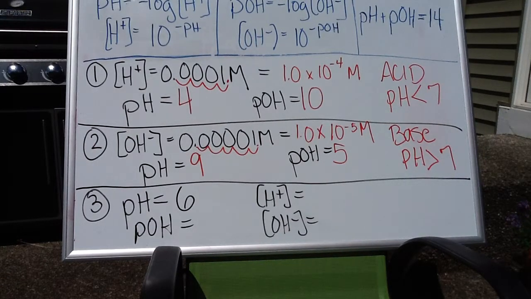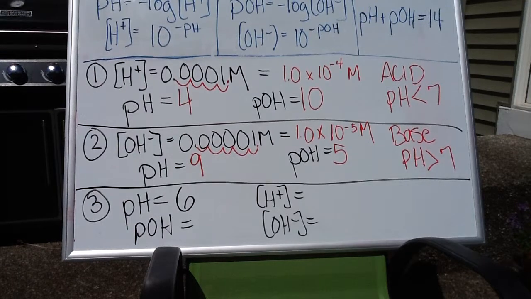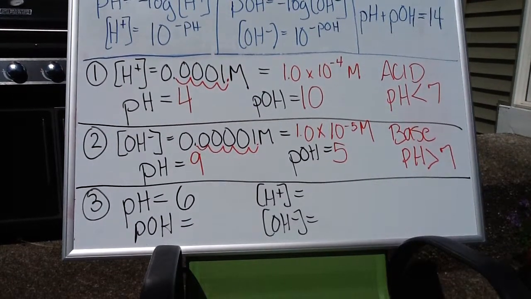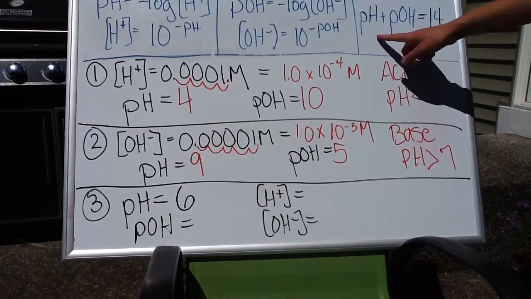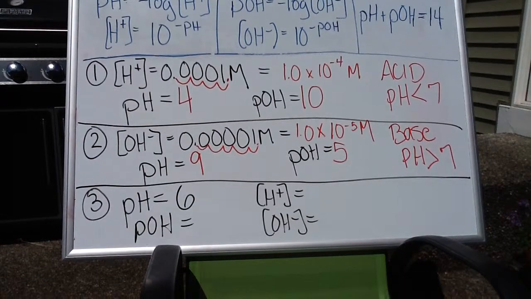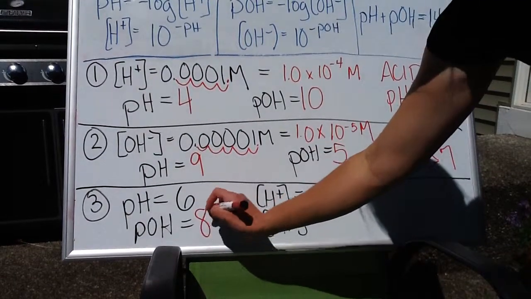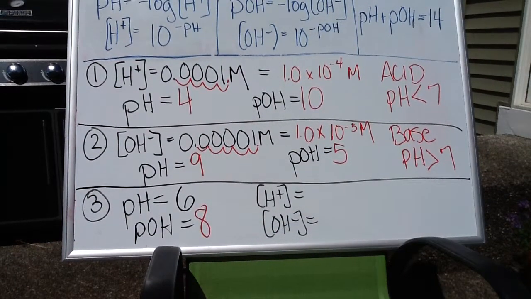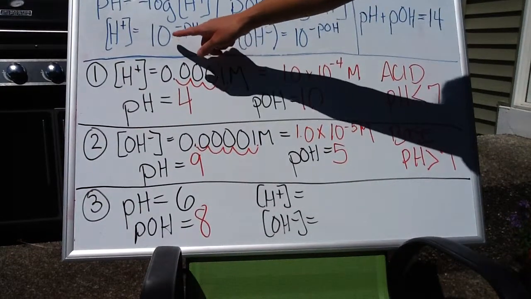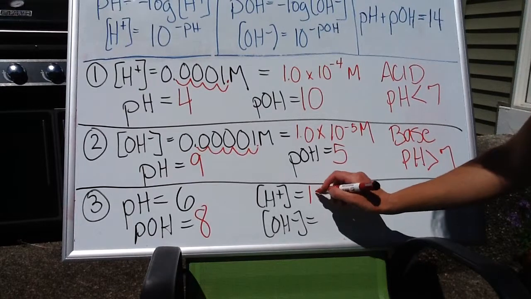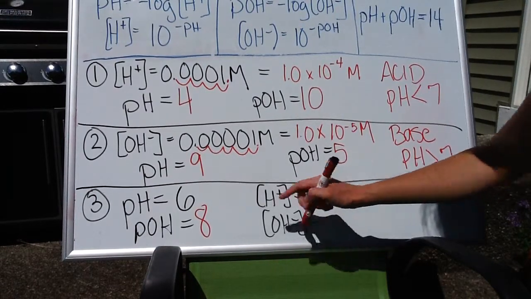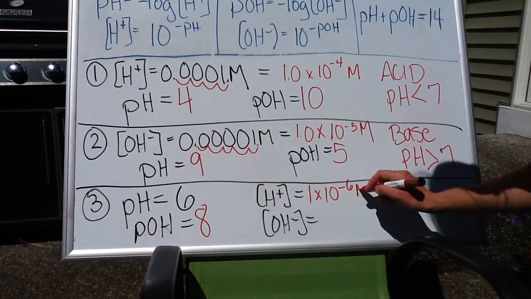Okay? The third scenario, what if you're given a pH and are trying to find a concentration? So it's the opposite of what we've been doing. If the pH is 6, we can figure out what the pOH must be, because pH plus pOH is 14. So if the pH is 6, my pOH must be 8. And since the hydrogen concentration is 10 to the negative pH, that means my hydrogen concentration is 1 times 10 to the negative 6 molar.